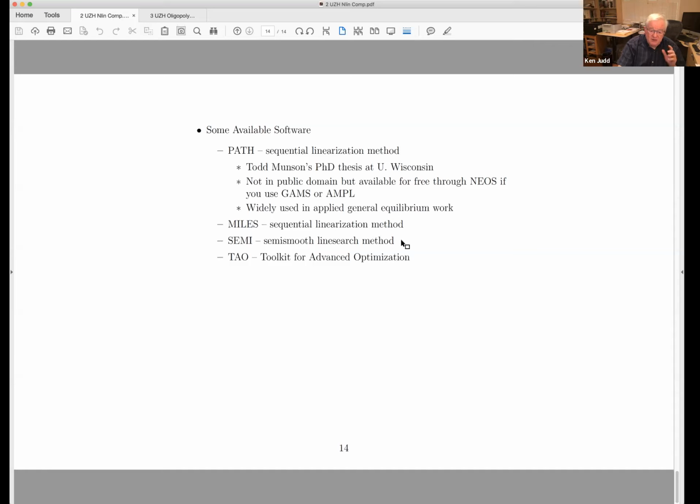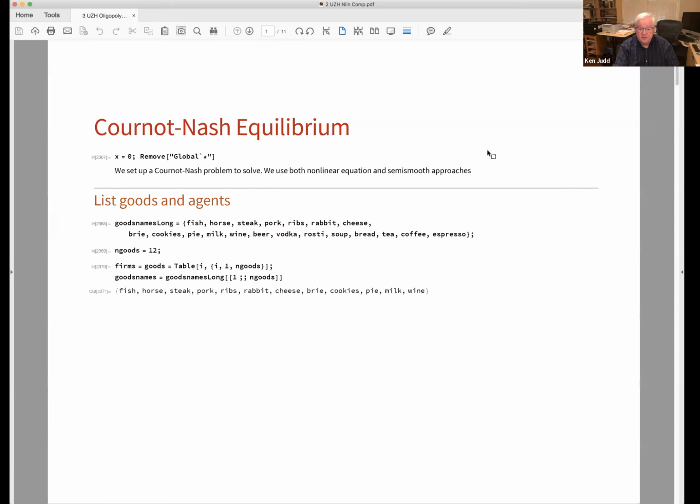Now I'm going to take you through some details of a semi-smooth approach. Why? Because it is possible to parallelize it through something called TAO, the Toolkit for Advanced Optimization. So that's why I'm going to show you an application of semi-smooth.